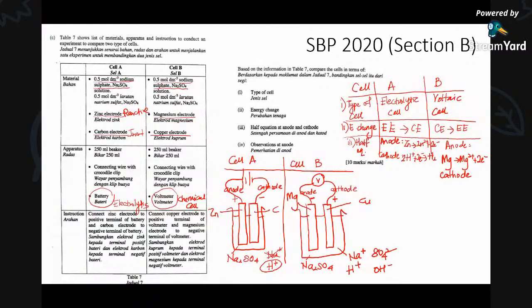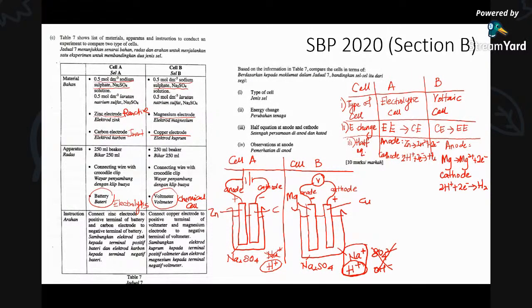Okay, so definitely if you see at the cathode, they want to gain electron. Who can gain electron? Na positive and H positive, not the negative ions. Okay, so who will be selectively discharged? Okay, so you refer to the ECS, and H positive will be selectively discharged. So your half equation, okay, will be the half equation for the hydrogen.